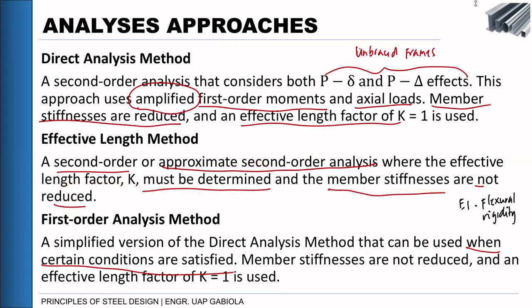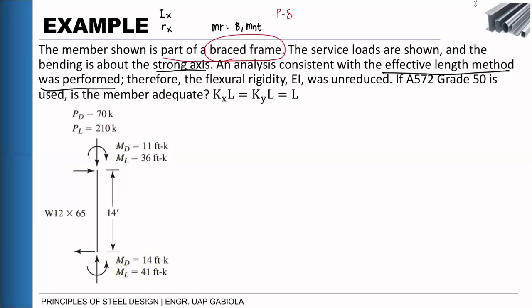But in this case, I think it was given that the flexural rigidity, EI, is unreduced, so it is full. A572 grade 50 is used. Is the member adequate? KxL, KyL is equal to L, so in both directions, K value is equal to 1. It was already mentioned here, so we don't need to analyze the value of K.